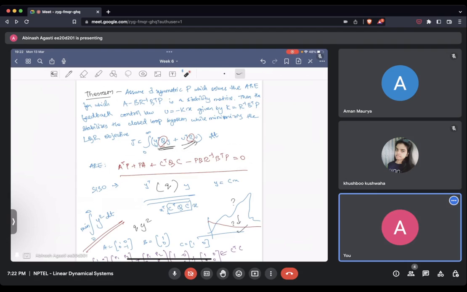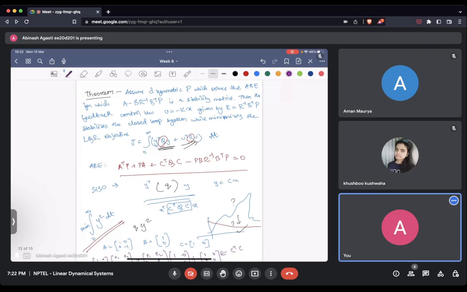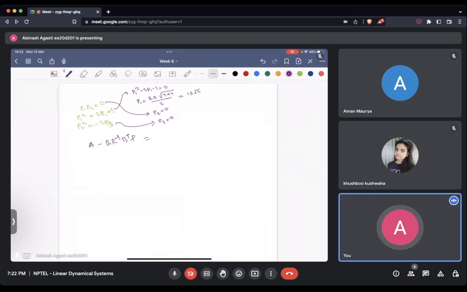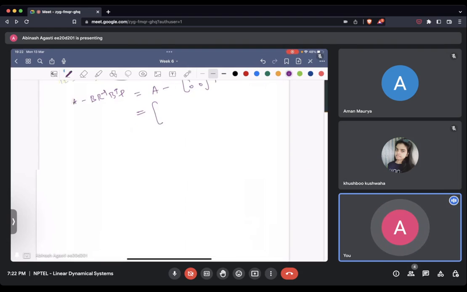So A minus B R inverse B transpose P. Okay, so R is 1, so this is equal to A minus [1 0; 0 0] P. So find this matrix.